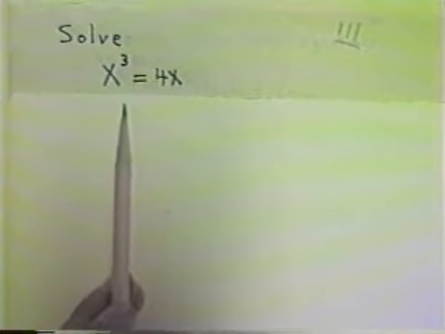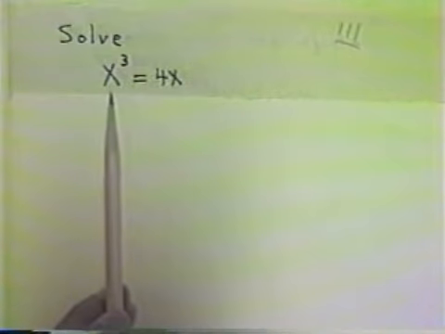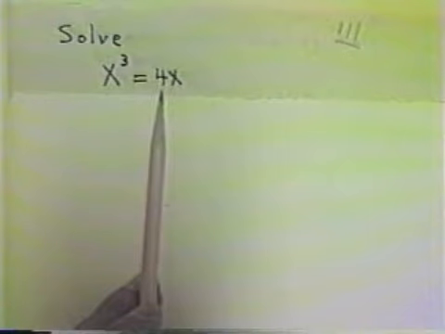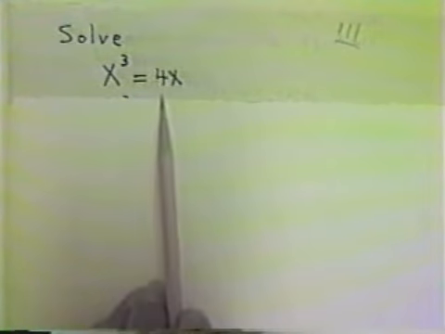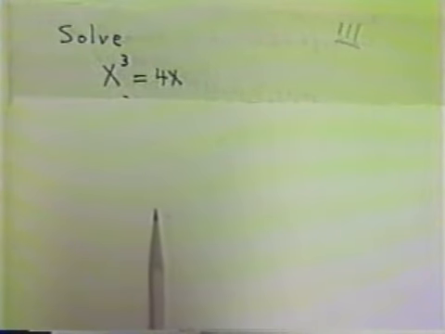Standard form was when the left member is in descending order and the right member is 0. So I need to have the right member equal to 0. To get the right member equal to 0, I need to subtract 4x from both sides.